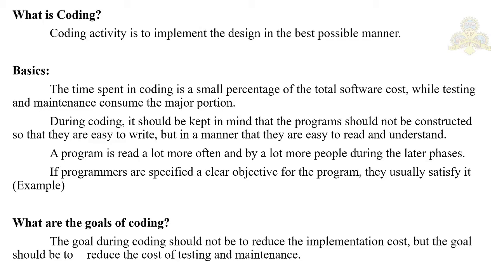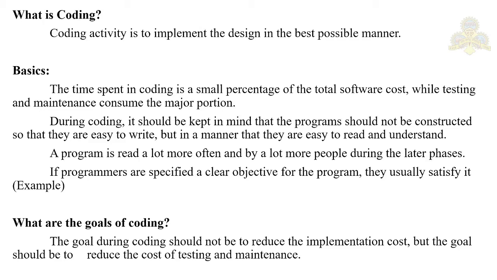Another team was to minimize the number of statements, that is the lines of code. Another was to minimize the memory required. The fourth team was to maximize the program clarity, and the other one was to maximize the output clarity.